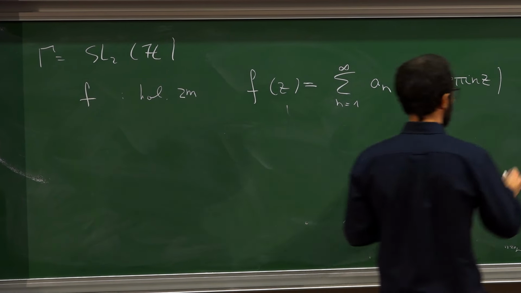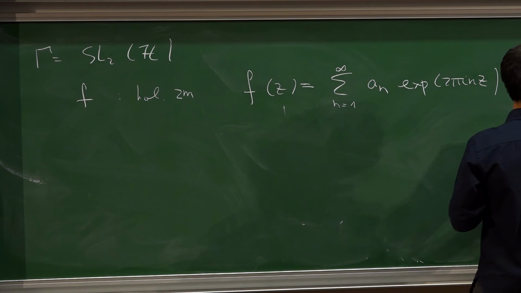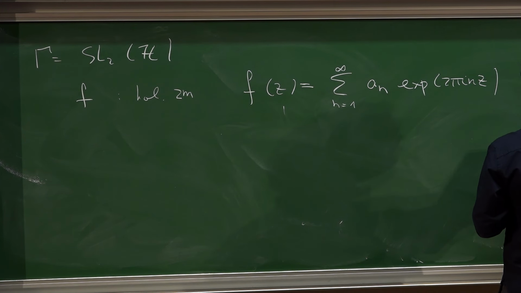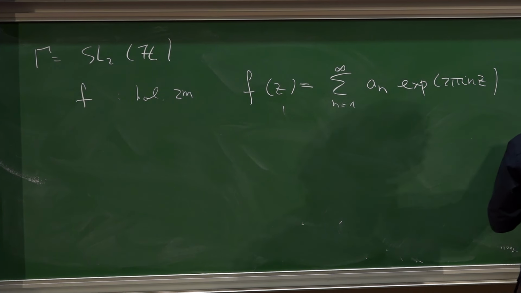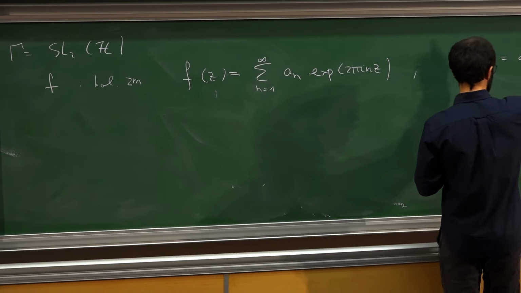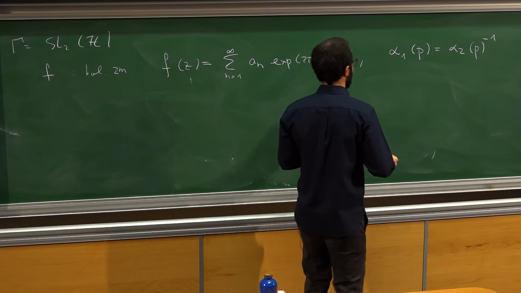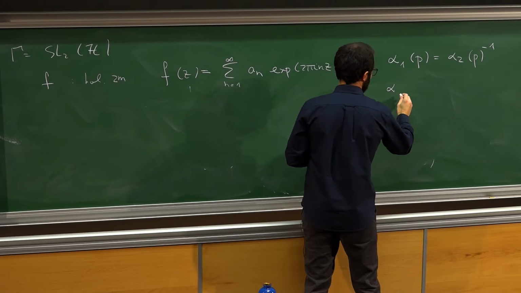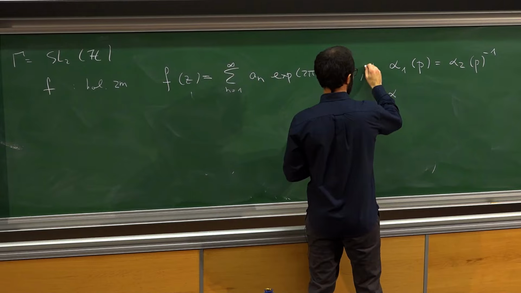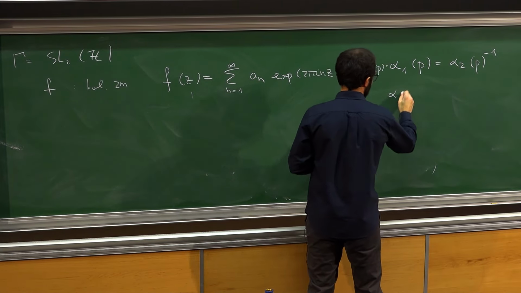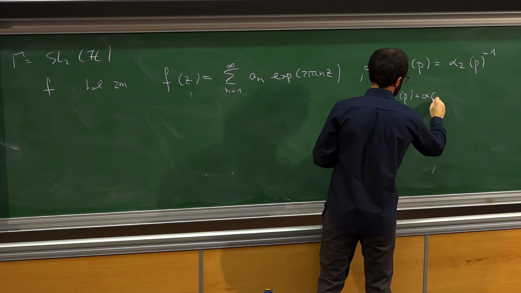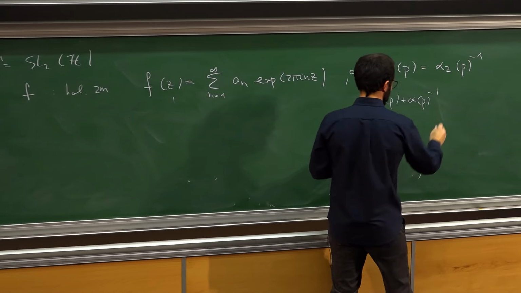And then you can define, in this case, the alphas in the notation for the L function that I had before would be inverses of each other. So let me just call this alpha in that case: alpha p plus alpha p inverse.